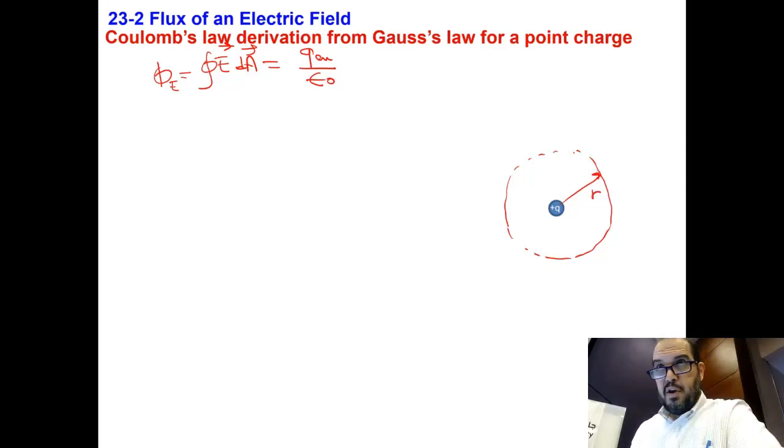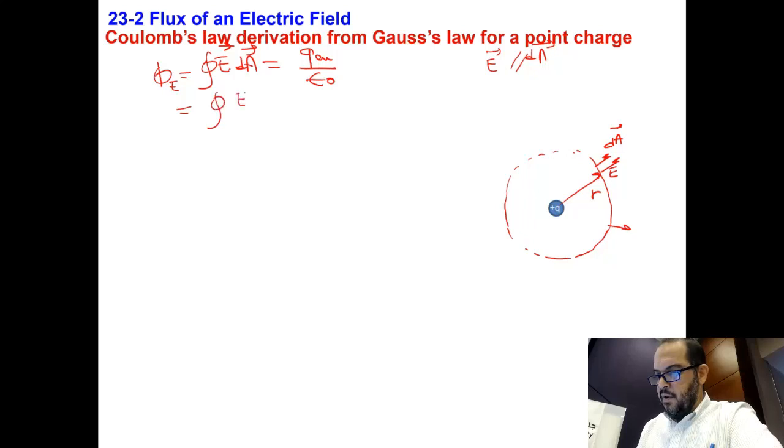Now we know from the symmetry of the problem, the electric field is always pointing away from the positive charge. The area vector is also always pointing away from the inside of the surface, and is perpendicular. So you notice that the electric field is always parallel to the area vector dA, meaning E dotted with dA is E cosine 0 dA.